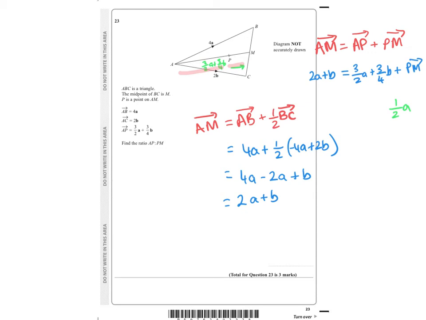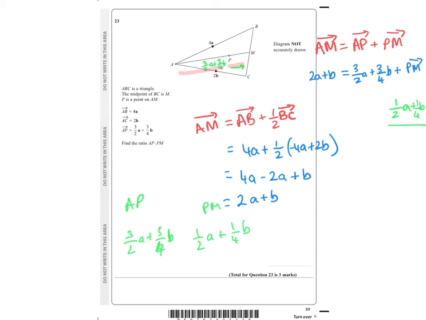And if I have 1B and I have 3/4 B, I need to add a quarter B to get to that. So we've figured out what our PM is. AP is 3 over 2 A plus 3 over 4 B, and PM is a half A plus a quarter B.